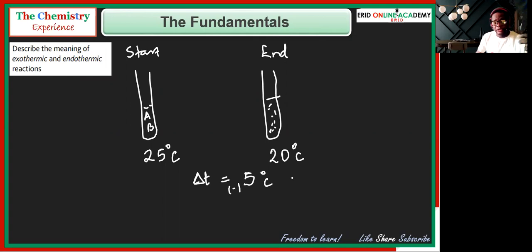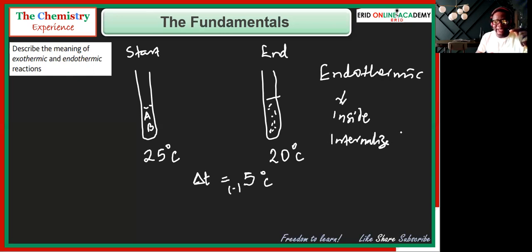Such a reaction is said to be what? An endothermic reaction. Please, I need you to look at that word very well. Endothermic. Just like we did for the other one, endo means inside. Okay, inside. That means to internalize. Of course, thermal here has to do with heat energy.